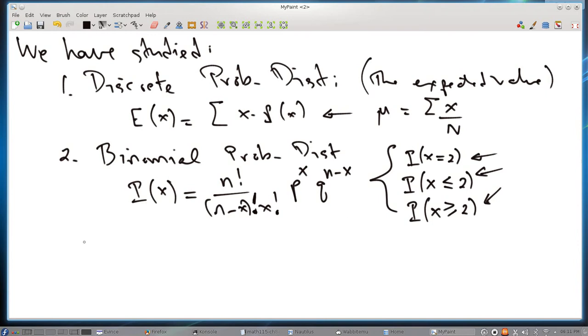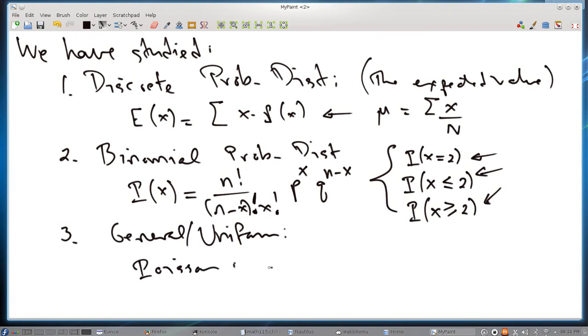Now we also looked at a general and uniform distribution, and the one that we looked at was the Poisson distribution, which has this expression, where e is the exponential value, which is 2.71828.